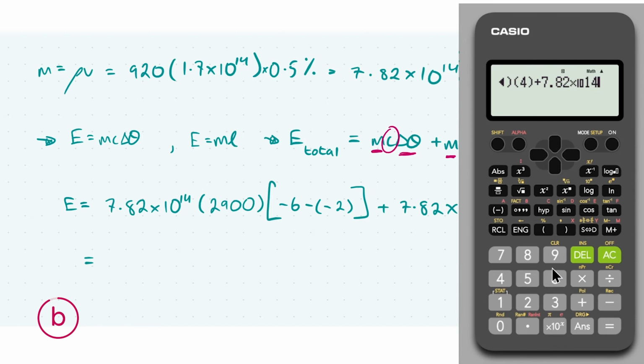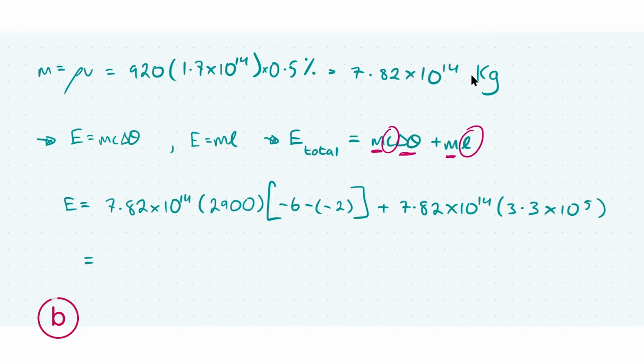And then we want to add on m times L, so we're going to have 7.82 × 10^14, which is our mass, and then we multiply by L, the specific latent heat of fusion, which is 3.3 × 10^5. Putting that into our calculator, we should get an answer of 2.67 × 10^20 joules.